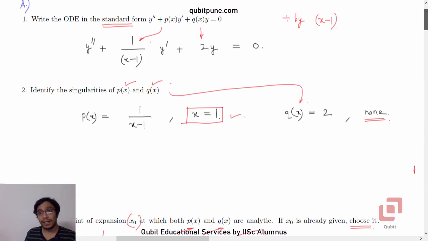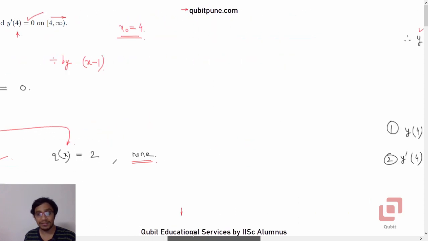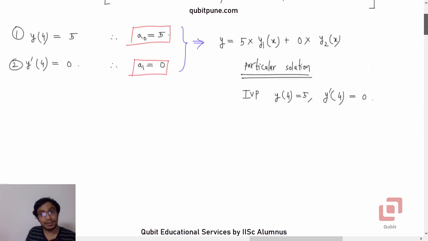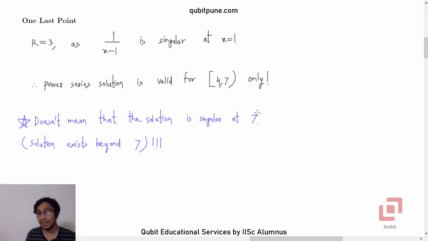But according to the problem, x lies in the interval 4 to infinity. So the obvious question that is now yet to be answered is, does it mean that the solution has a singularity at 7 because it has one at 1?